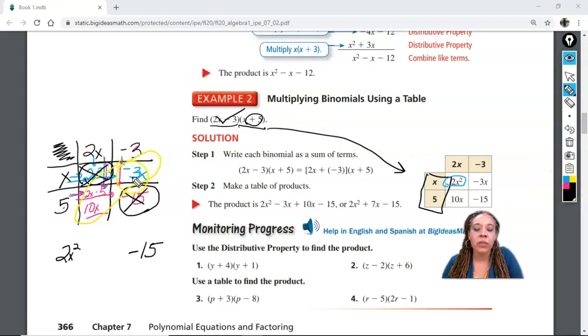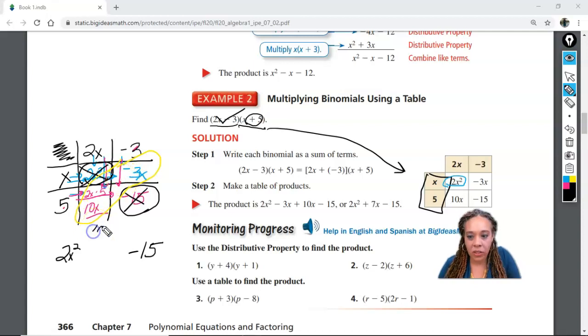So you'll notice that when you use the table format, if you like this format, there are terms in the center that you have to go ahead and combine. It doesn't matter which direction, if you do minus 3x plus 10x, or if you say 10x minus 3x. In this particular case, you're going to get the right answer anyway. So 10x minus 3x is going to be 7x.